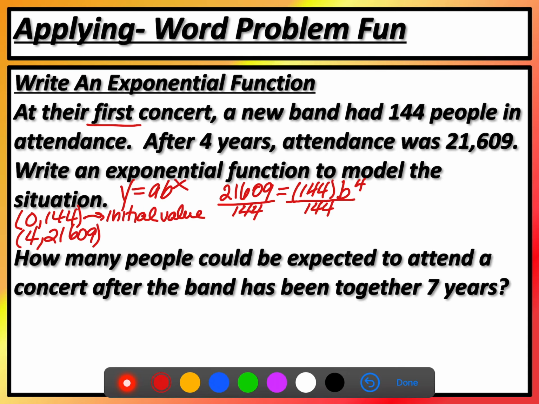It's really important that we keep that value exact. So if that does not divide evenly or to a terminating decimal, you're going to want to leave it as a fraction. This one happens to divide, and it does terminate. Then we're going to take the fourth root. Again, make sure that you take the fourth root of that entire number.